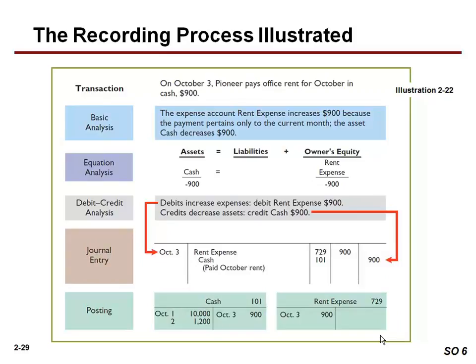That's an account under owner's equity, so that has the effect of reducing owner's equity, and credit the cash account, an asset account which has the effect of reducing cash. Down below we see the entry posted along with other information from previous transactions. So cash is building up a debit balance here, and at this point rent expense only has one entry into it, a debit balance of $900.